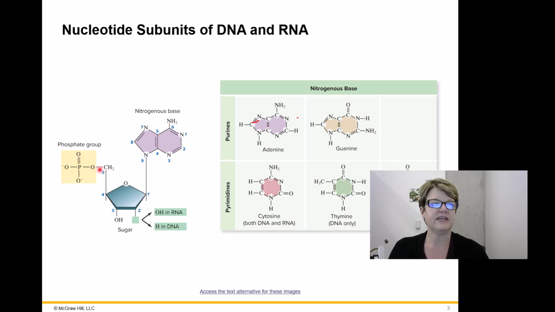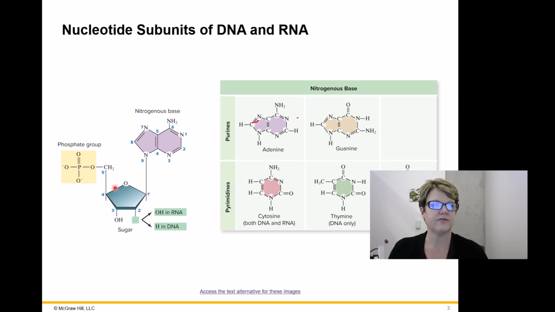Then that's attached to what we call the number 5 carbon of ribose, which is shown here as this little pentagon. So just like glucose has several carbons in the ring and then one that sticks up out of the ring, this sugar, which is ribose, only has 5 carbons altogether, but 4 of them are in the ring and then 1 of them sticks up out of the ring.